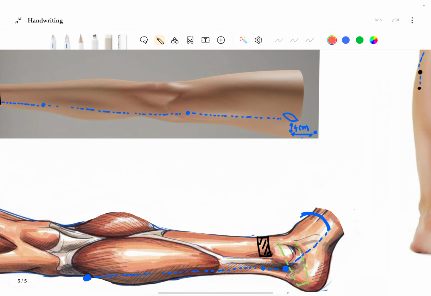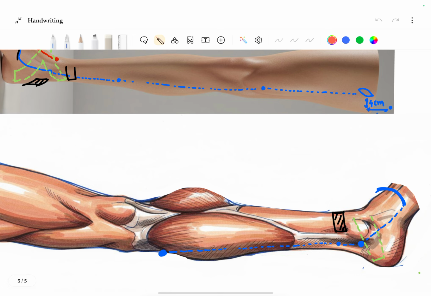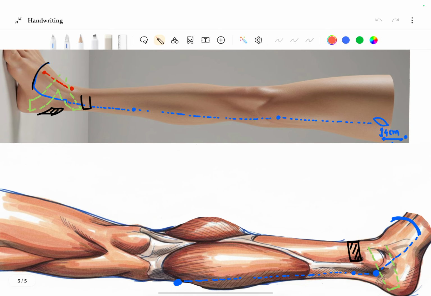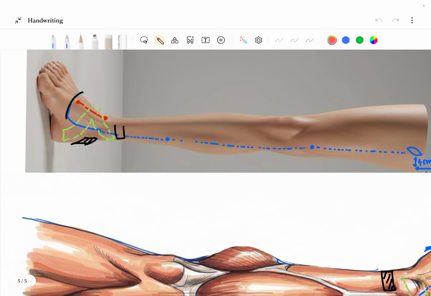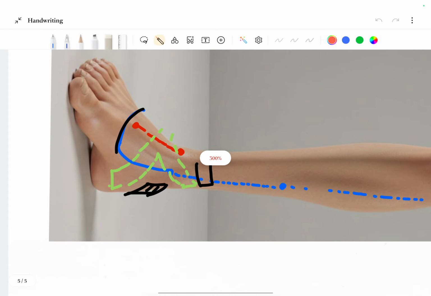So now just go further. Let us discuss the dorsalis pedis artery. Suppose here is your medial malleolus and here is your lateral malleolus.